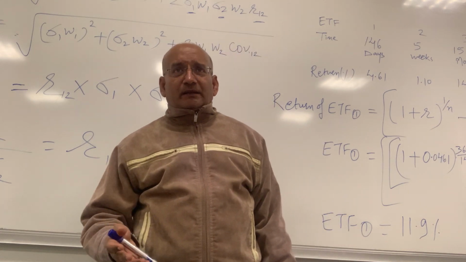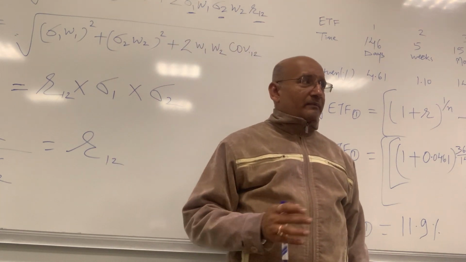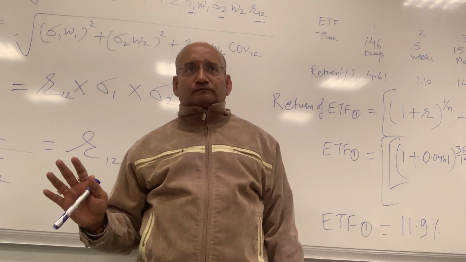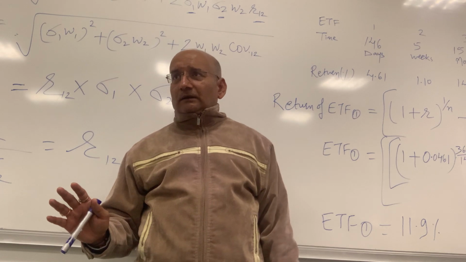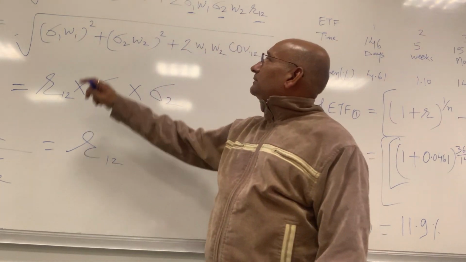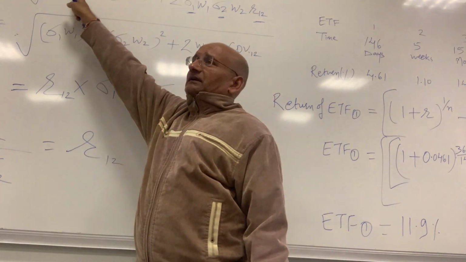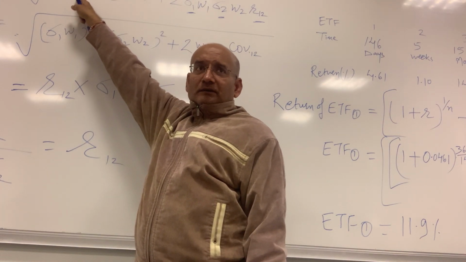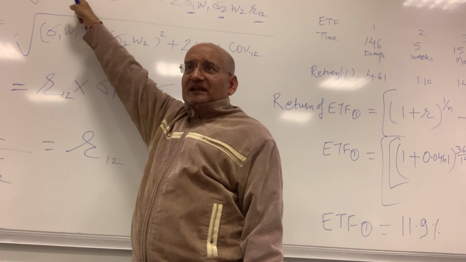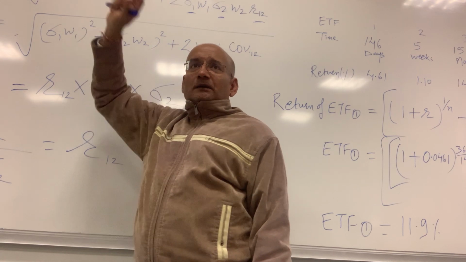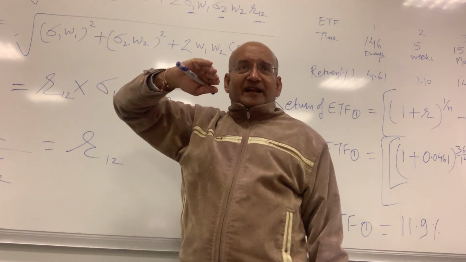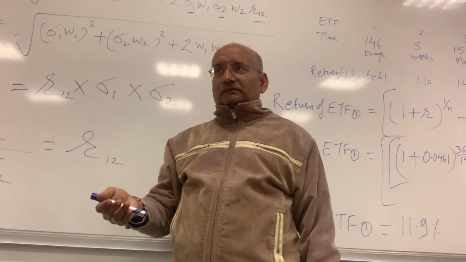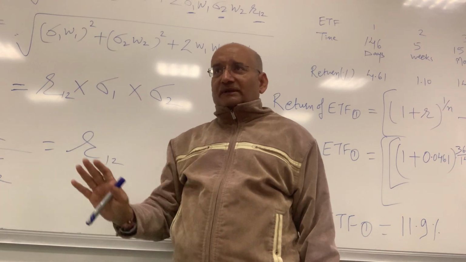Maybe 10-90, maybe 20-80, maybe 80-20, maybe 40-60, 60-40, whatever. So the weightage, the investment which you have made in security number 1, will be W1. Let us understand like this: you have made 10% of your total investment in security number 1. So weightage will be 10%.